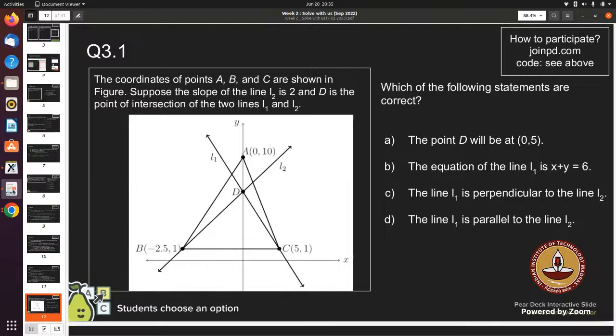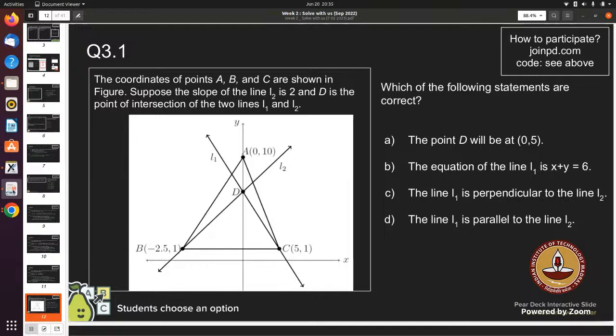The first option is eliminated. So coordinate of D is 0, comma 6. And then we know the other point on L1 is C, 5 comma 1. So from the two-point slope form we can find the equation of L1. That will be x plus y equal to 6.